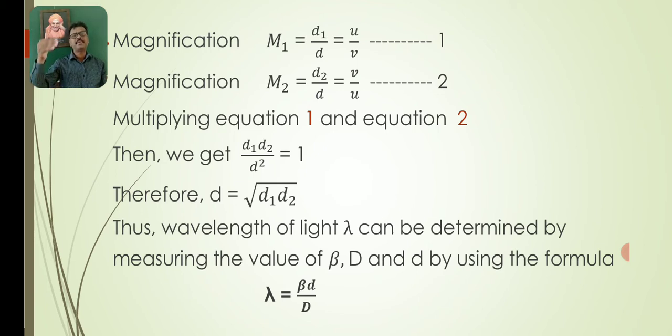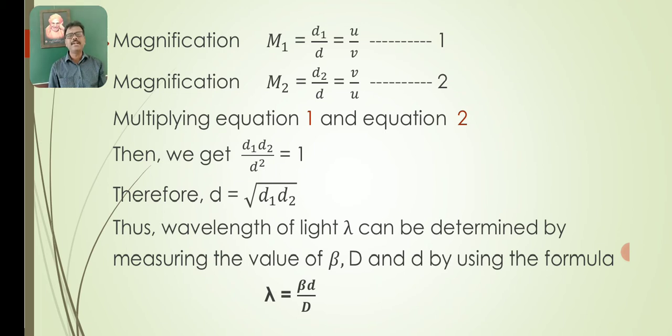So for the first case, a magnified image, and the second case, a diminished image. In the first case, magnification M1 is equal to d1 by d is equal to u by v, equation number 1. Then the magnification for the diminished image, M2, is equal to d2 by d, which is equal to v by u. Let this be equation number 2.